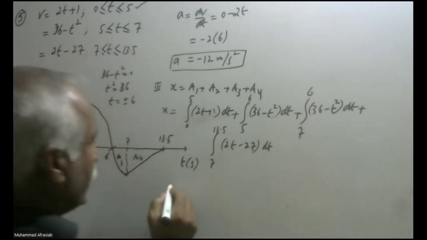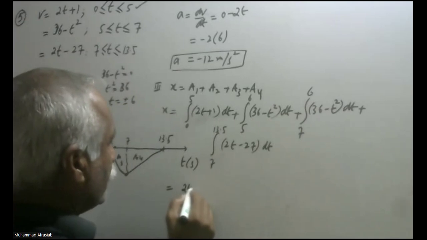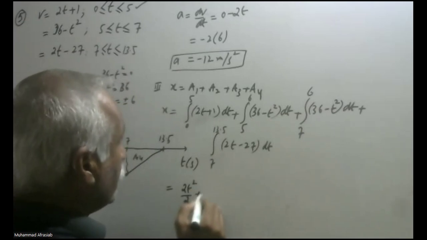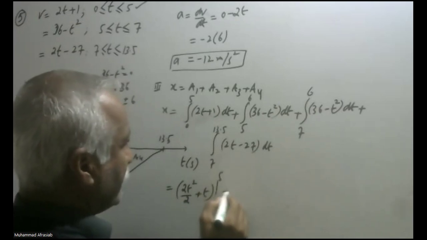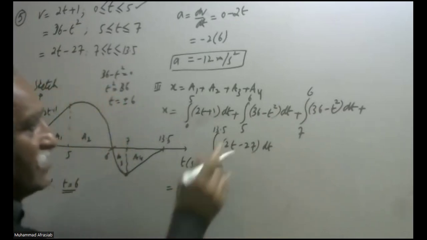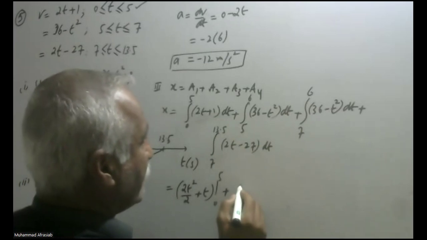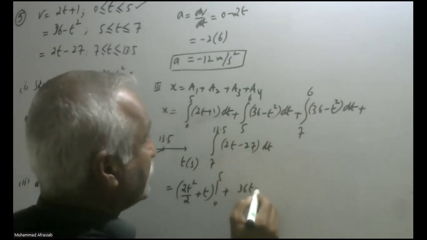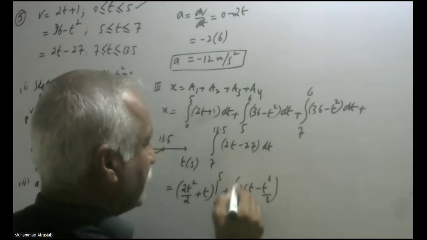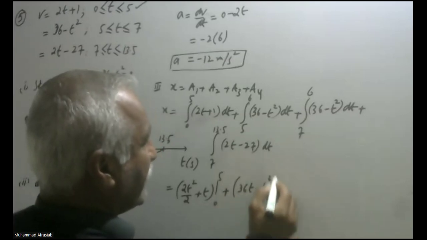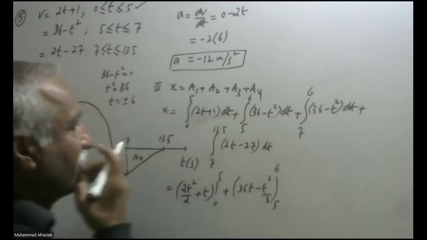So this will become equal to 2t squared over 2 plus t from 0 to 5, plus, for this integration, 36t minus t cubed over 3, and the limits are 5 to 6.